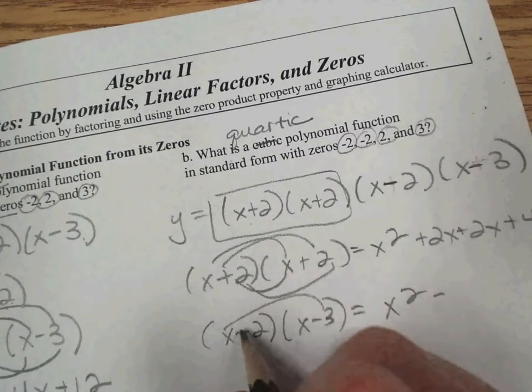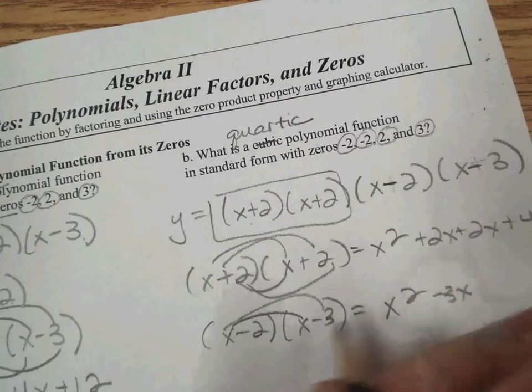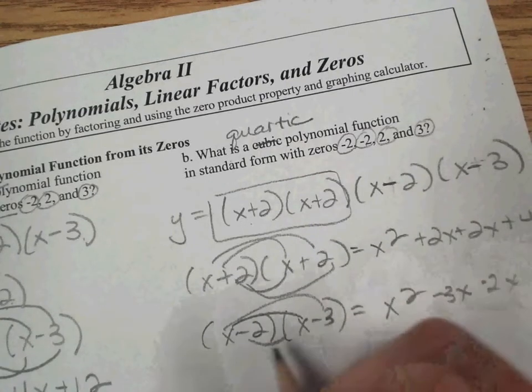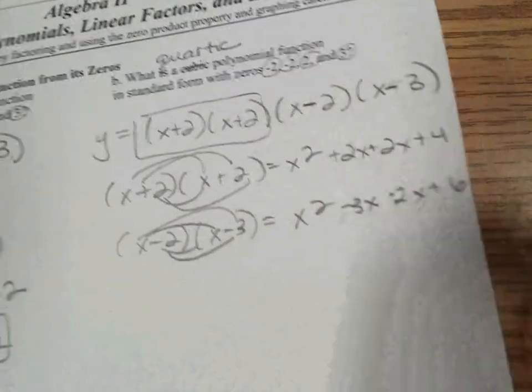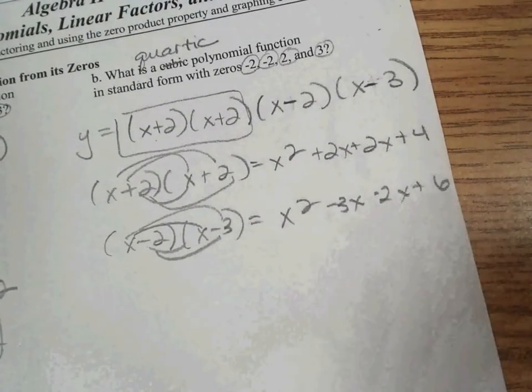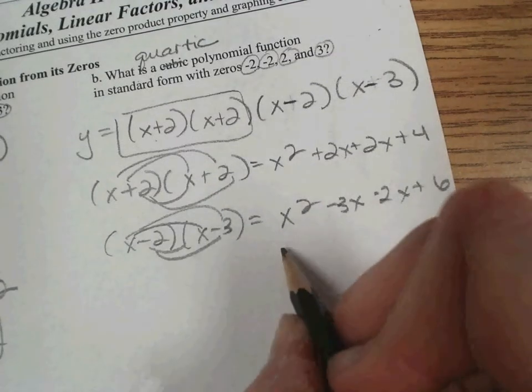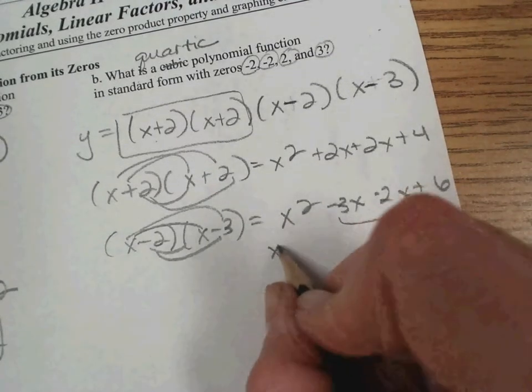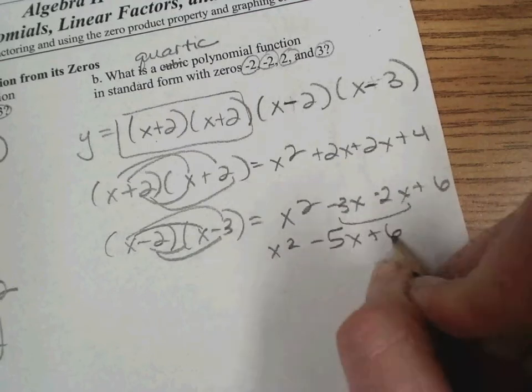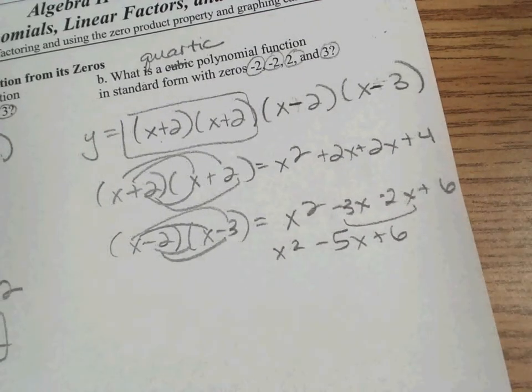We get x squared minus 3x minus 2x plus 6. And then combining our like terms, we get x squared minus 5x plus 6.